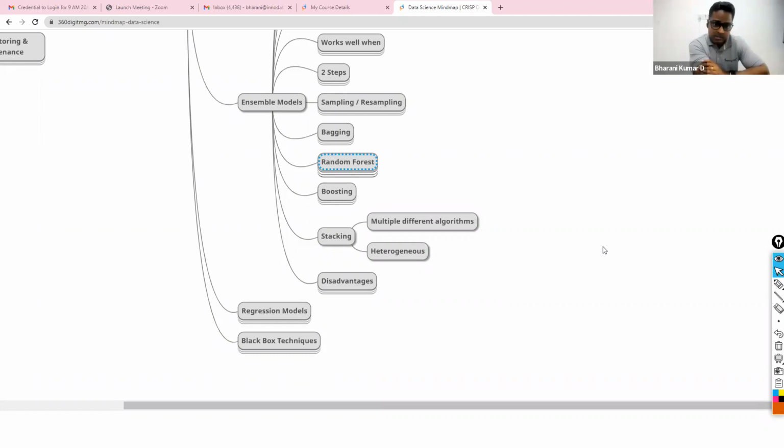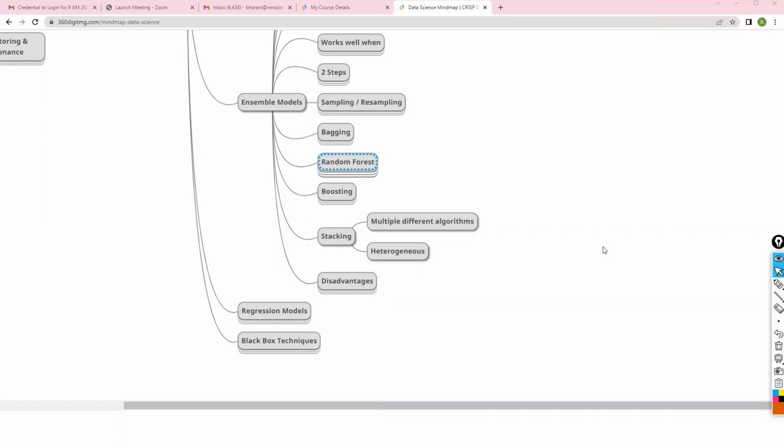Out of those, if you have 36 inputs, you decide randomly that you need to select only 6. Out of those 6, information gain is calculated for all, and the one which has the highest information gain will come to the root node.